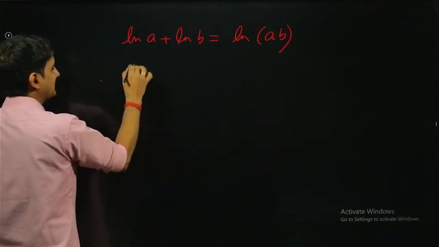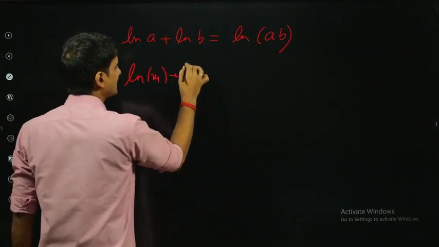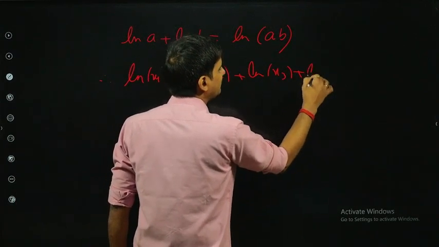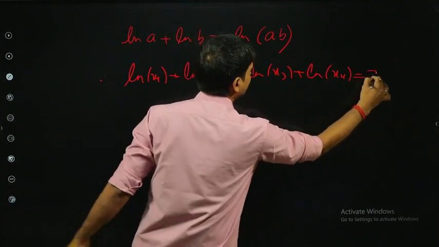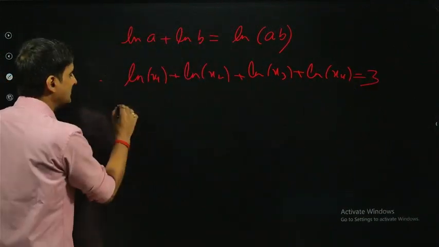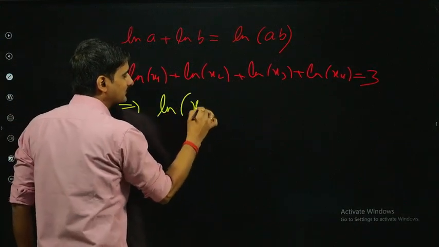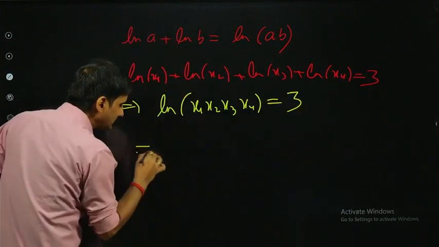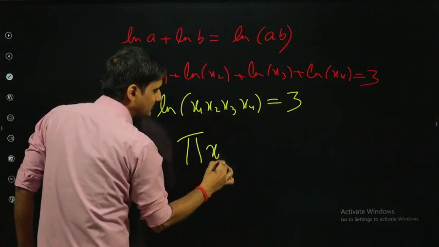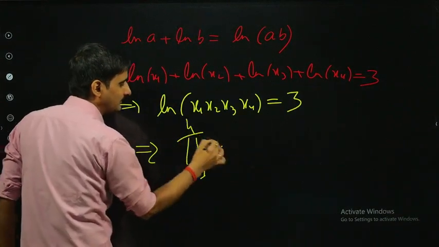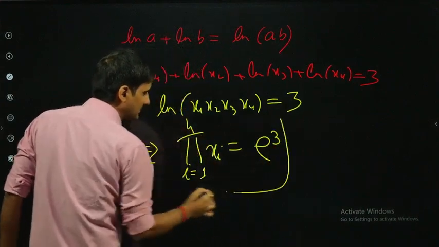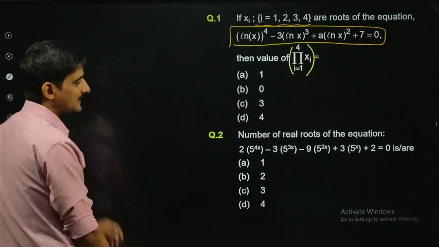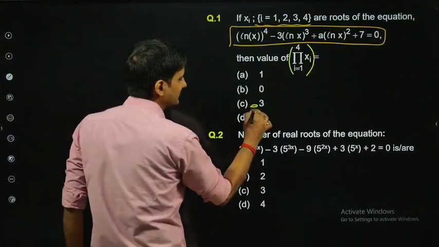Therefore we can write ln x1 plus ln x2 plus ln x3 plus ln x4, and that is given to be 3, we know it from the relation of the roots here. So that gives us ln of x1 x2 x3 x4 equal to 3. Therefore product of all the roots, when i goes from 1 to 4, is nothing but e raised to the power 3. So of course the answer should be e cube.